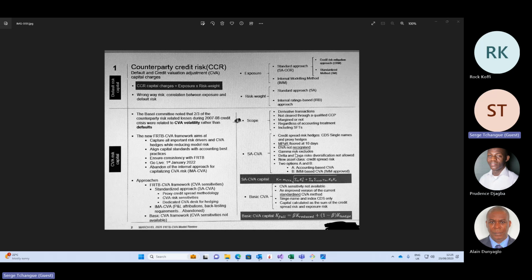Let's say you get into a transaction with someone, and the exposure today is 100. You have a credit risk with them. If tomorrow your exposure goes to 110, what could you do to keep your exposure to 100?